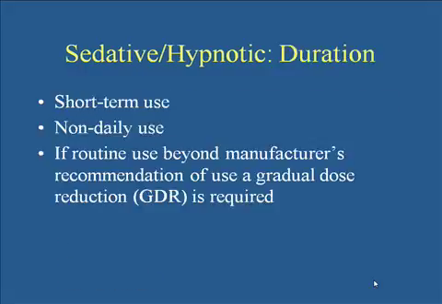So again, the duration is the big issue with sedative hypnotics. We do recommend that they are used for the shortest time possible, if possible avoiding daily use. So if a person needs an occasional sleeping agent, it's better to try to limit that to a couple times a week rather than daily, because we do have evidence that daily use really is associated with more side effects and actually a reduction in efficacy after a period of time.